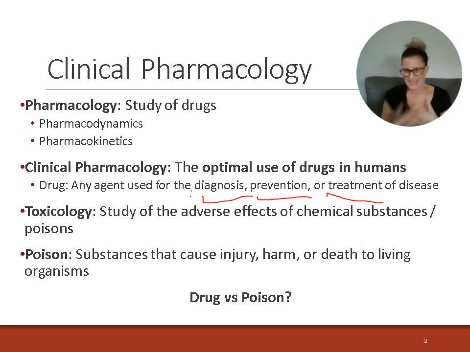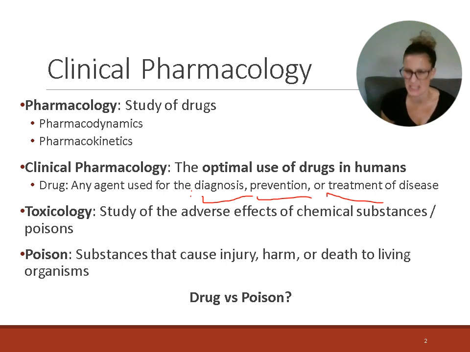When I think of a poison, I think of something like bug spray or household cleaners, these nasty chemicals that we know to stay away from. But that's not the definition of a poison. A poison is a substance that can cause injury, harm, or death in a living organism. So, something that can cause harm.